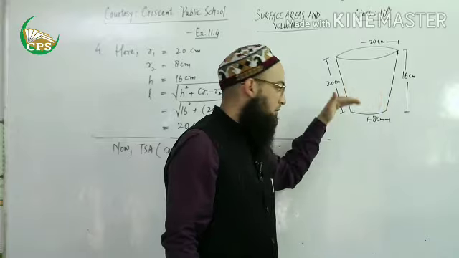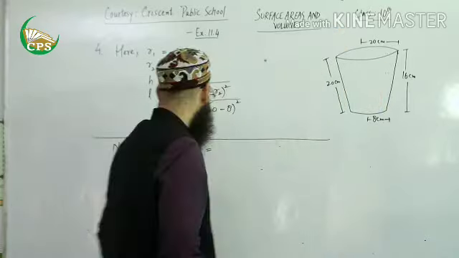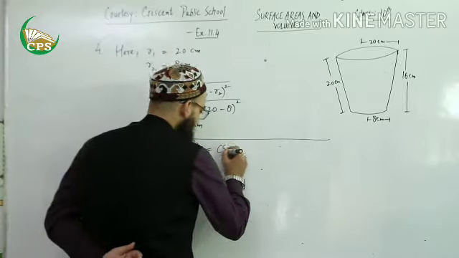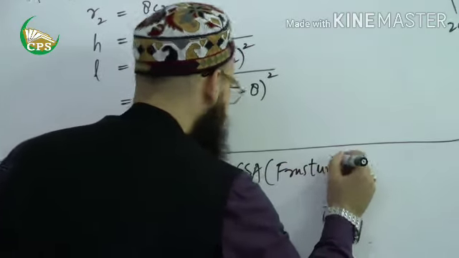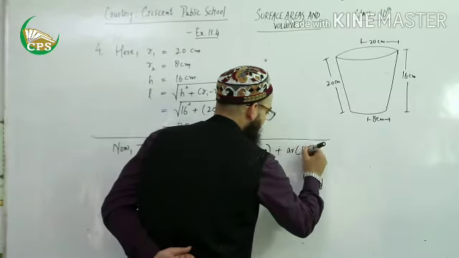Curved surface area plus area of base, or total surface area minus area of top. Total surface area of the container is curved surface area of frustum plus area of base.